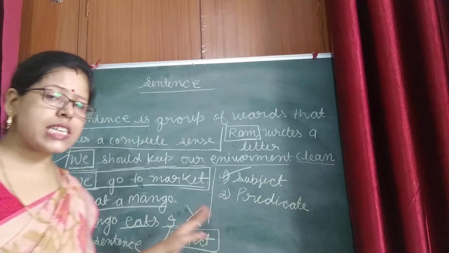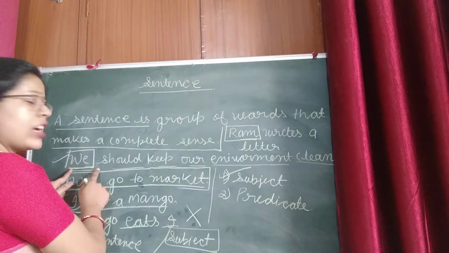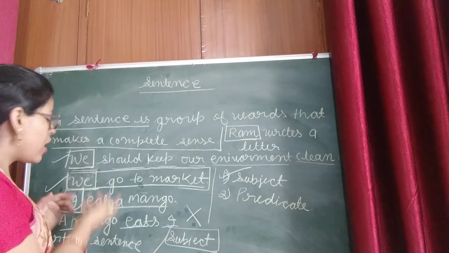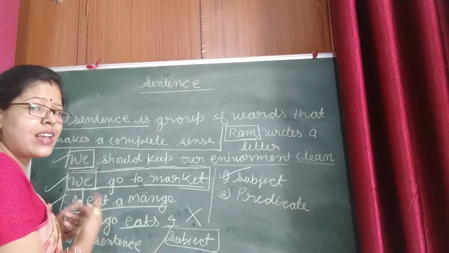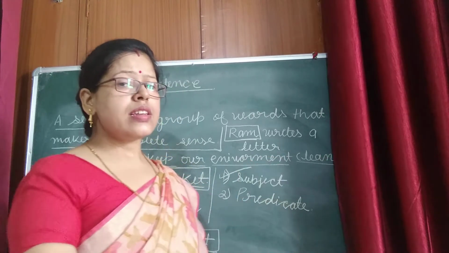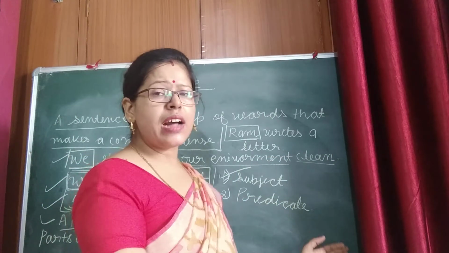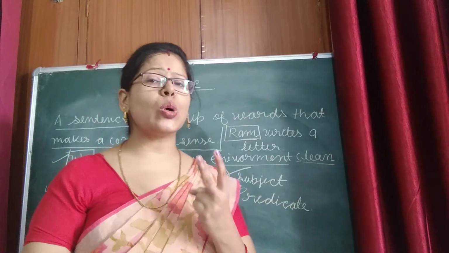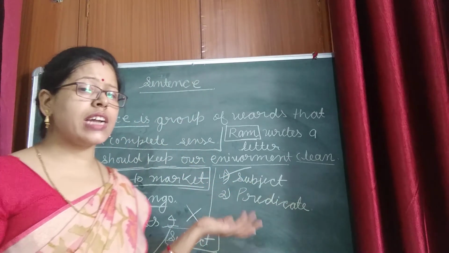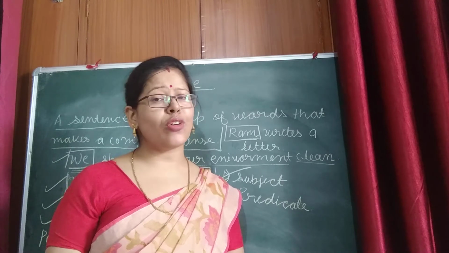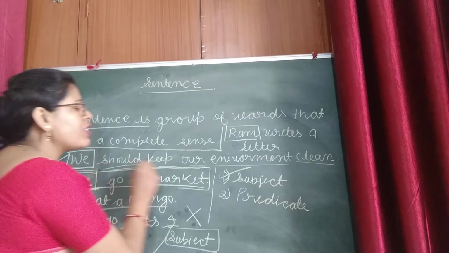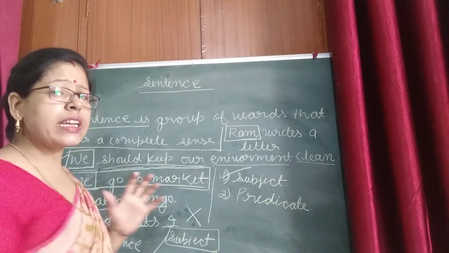So the first part is complete, the subject. If I ask, what is the subject in the first sentence? We. What is the subject in the second sentence? We. What is the subject in the third sentence? I. And what is the subject in the last sentence? Ram. Now, come to the predicate part. You know, a sentence has only two parts. So if you know how to identify the subject, then the remaining part will of course be the predicate part. Predicate is what?